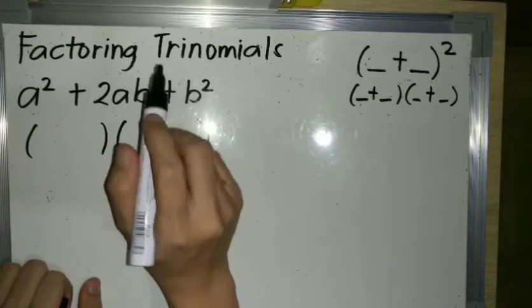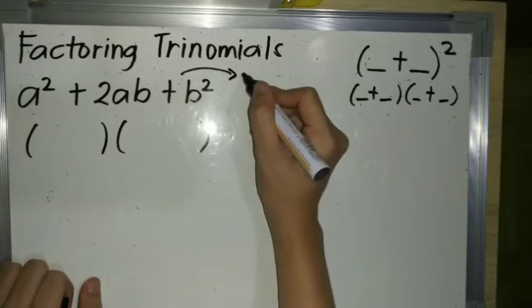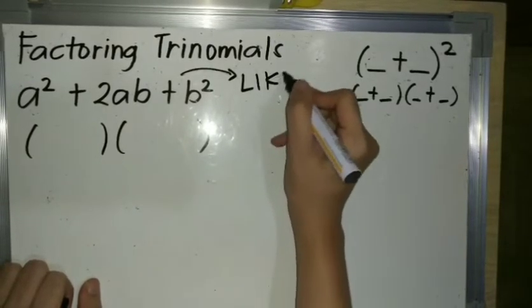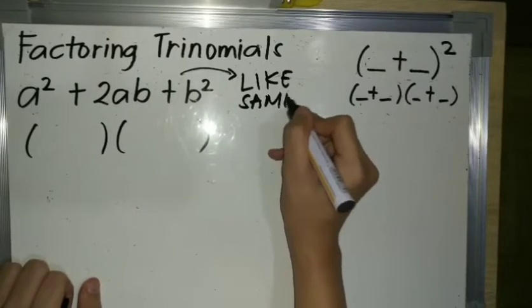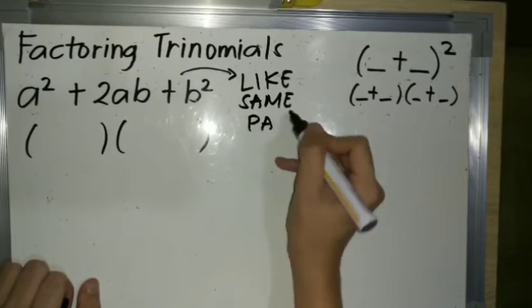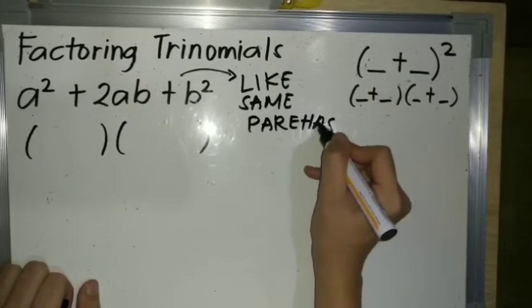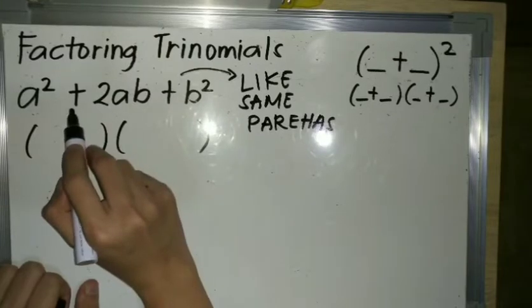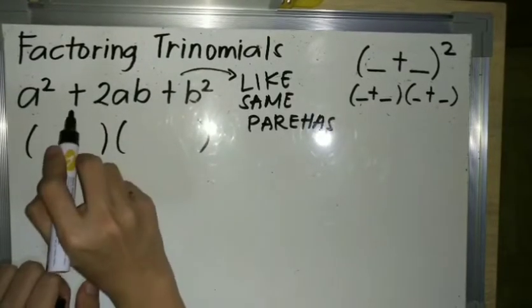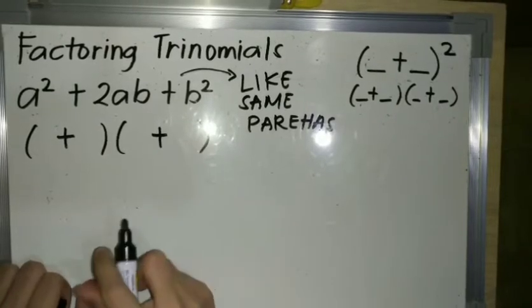Ibig sabihin, ito pong positive dito sa dulo, ang ibig pong sabihin yan ay like, or same, or sa Tagalog po ay parehas. Parehas na ano daw? So, ang sinasabi po nito, parehas na anong sign? Ito naman po yung sinasabi. Parehas na positive. That's why lalagyan po natin ng positive.